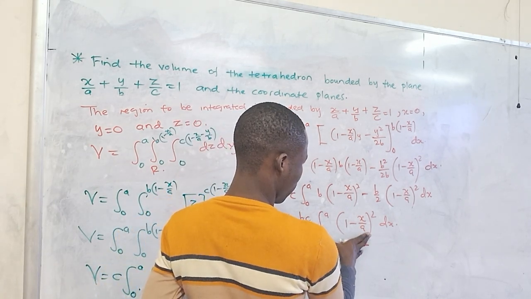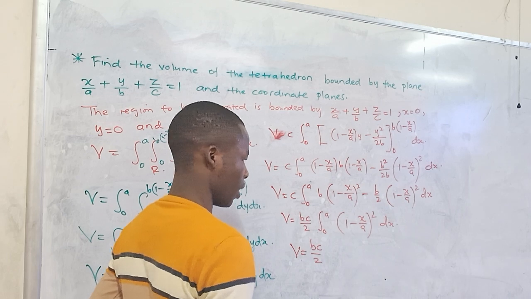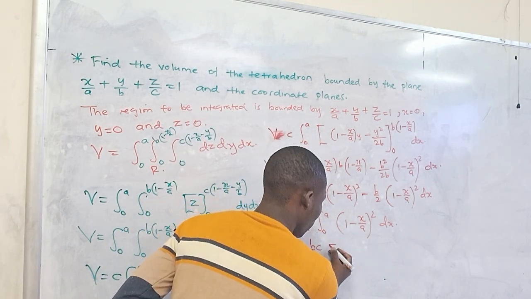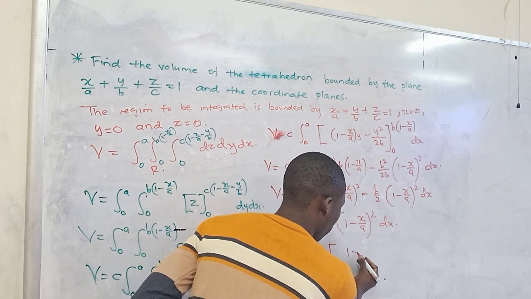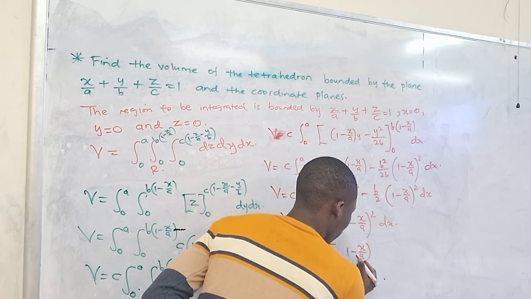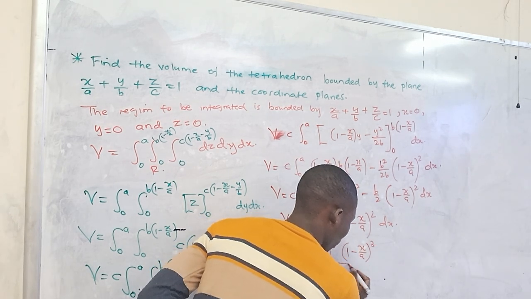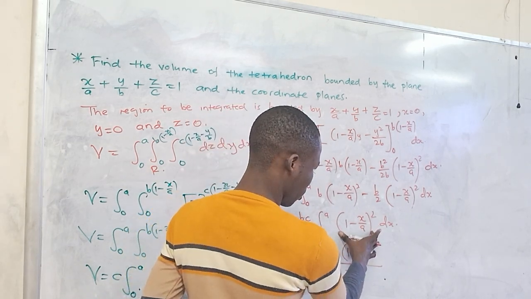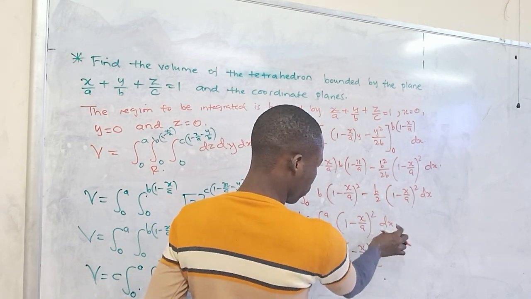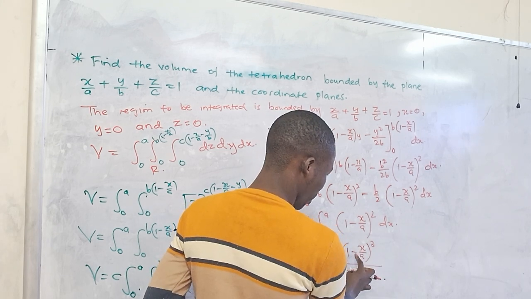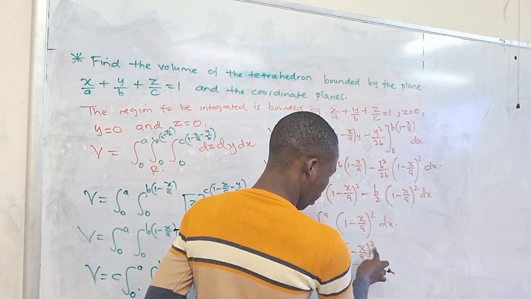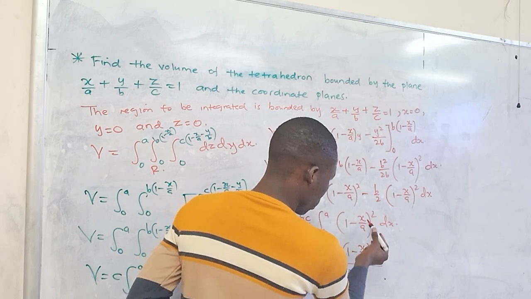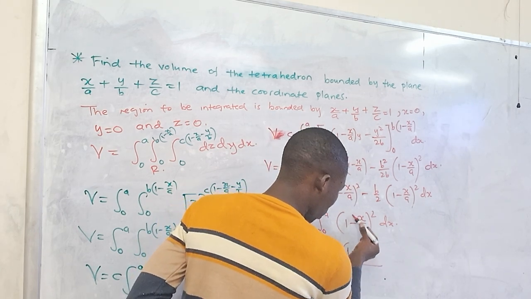Let's integrate this with respect to x. If you integrate this with respect to x, the answer is 1 minus x by a to the power 3 divided by 3 into, you differentiate the inner part with respect to x.